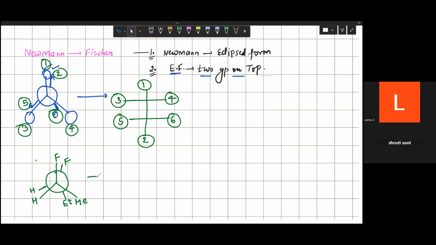Now let's convert this form into the Fischer. After that, you understood how we will convert a Newman into Fischer.